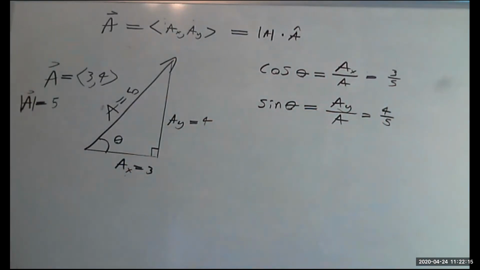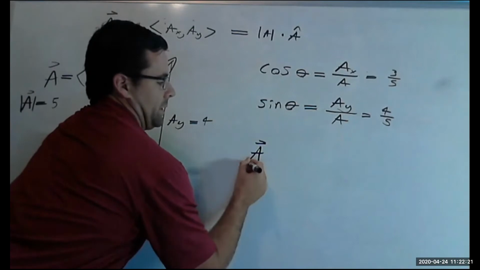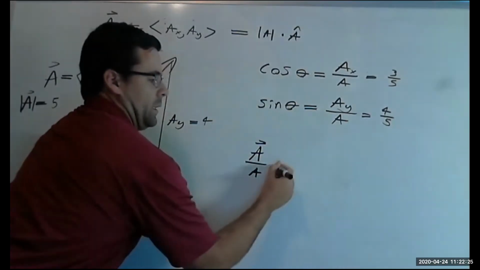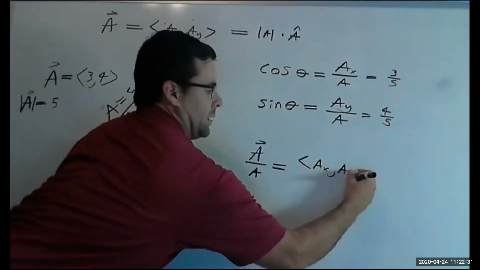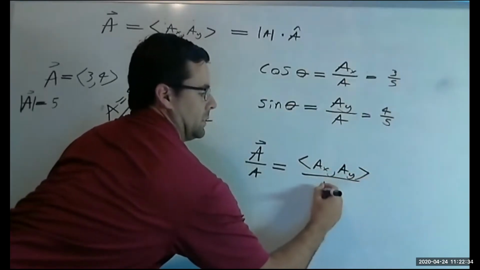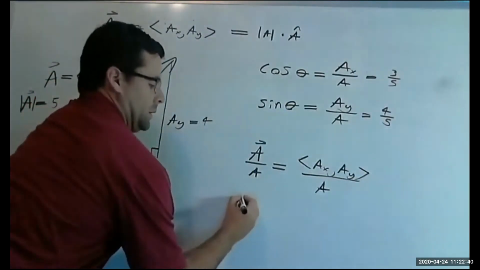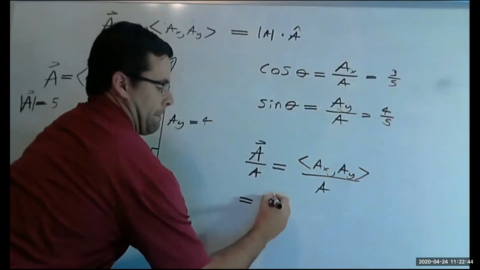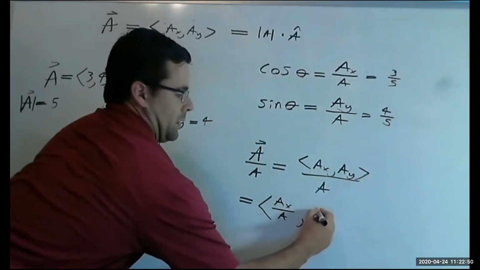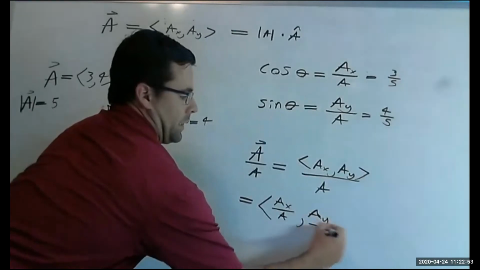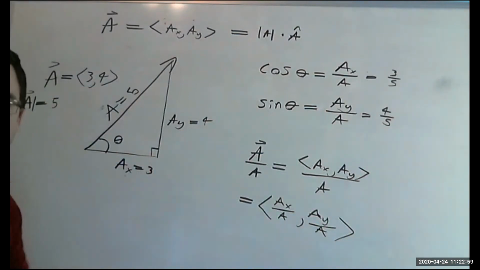So A vector over A equals AX, AY over A. But that equals AX over A, AY over A. All right, so I haven't done anything crazy here.